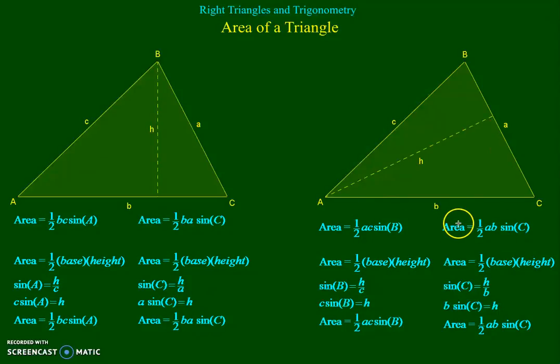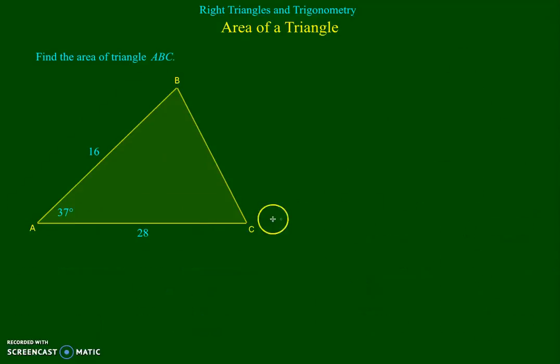So let's give this a try and see what we can come up with. In this example, we have a standard triangle here. It's not a right triangle, so we don't have any convenient ways to find the height. And they give us this side, and this angle. So I'm going to interpret the altitude from vertex B to segment AC as our height value.